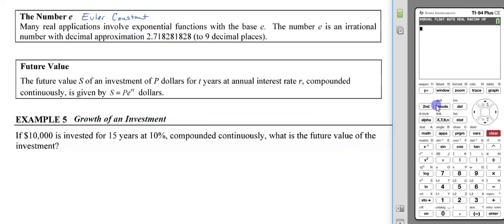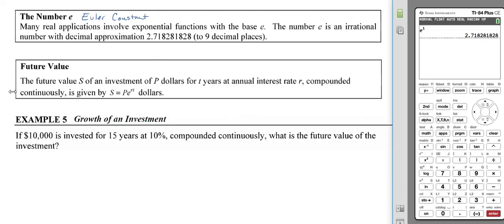If you go to your calculator, you'll see second natural log right here is the e to the x function. So e to the 1, it prompts you for an exponent, and there you go. To so many decimal places is there. Of course, the number of decimal places goes on without bound.